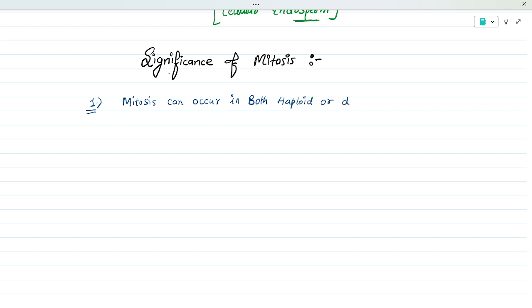or diploid cells, whereas meiosis occurs only in diploid cells or cells with the even ploidy like tetraploid, but not in the pentaploid cells 5N, or not in the triploid cells. Why not in the even ploidy meiosis can occur? That we will study in our upcoming lectures.